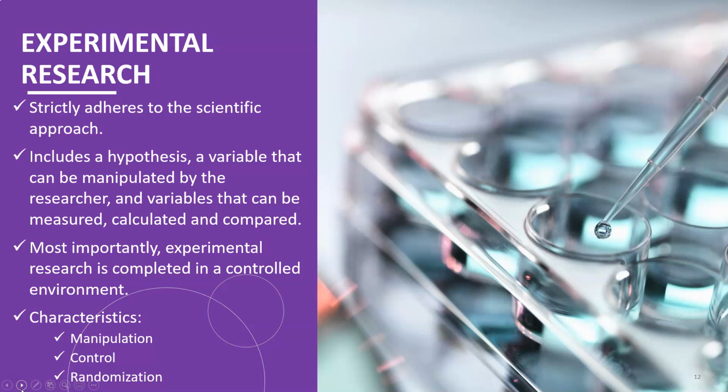Manipulation: the experimenters do something to the participants in the study. With control, the experimenters introduce controls over the experimental situation, including the use of a control group. And with randomization, experimenters assign participants to either control or experimental groups, and they do so randomly.